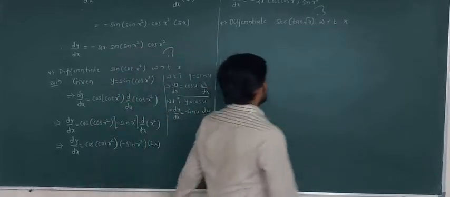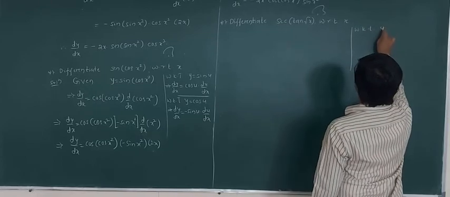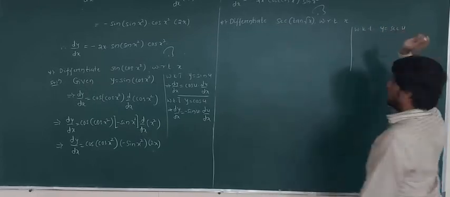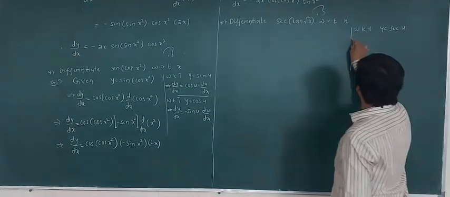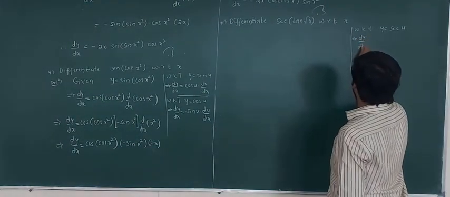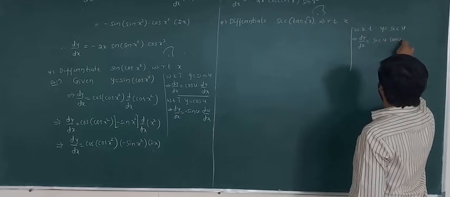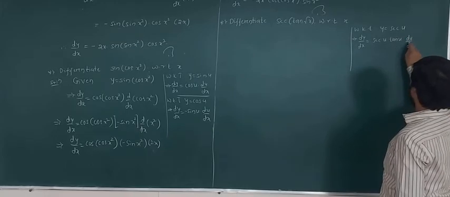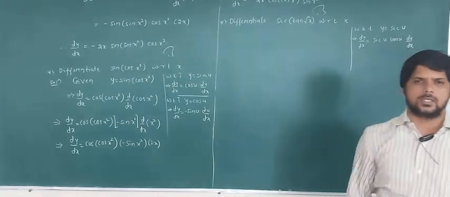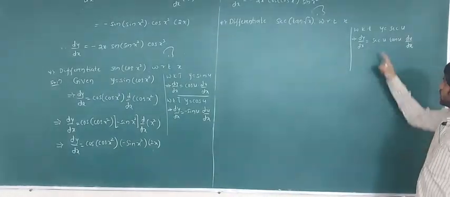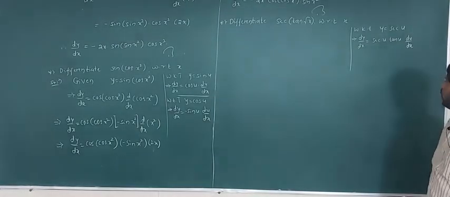And we know that if y equal to sec u, then the differentiation of this function dy by dx is equal to sec u into tan u into du by dx, because we know that the derivative of sec is a product of two functions. So therefore sec u into tan u into du by dx.